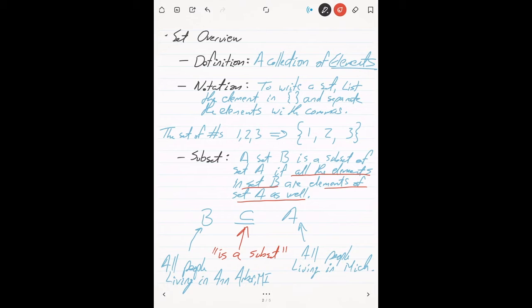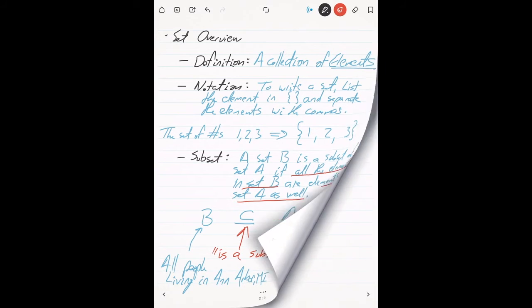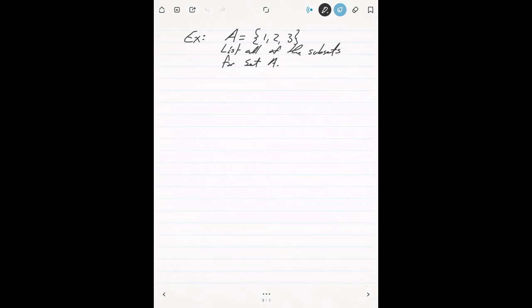Let's go ahead and do an example, though, to get a better understanding of this definition. Let's take a look at this example where the set involves numbers, and we want to list the subsets of the set 1, 2, 3. Okay, so what are some subsets of this? Well, one subset could be the set 1 and 2.